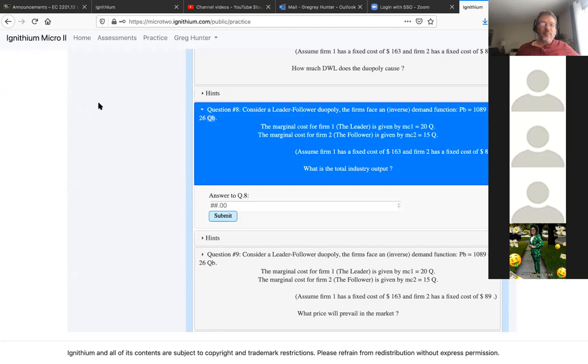And then you simplify it, because you just have one equation in Q1. It's not a reaction function, sorry, it's the residual demand. Then you change it into the marginal revenue function once you get to the simplified version of that equation, by just doubling whatever the slope coefficient is.